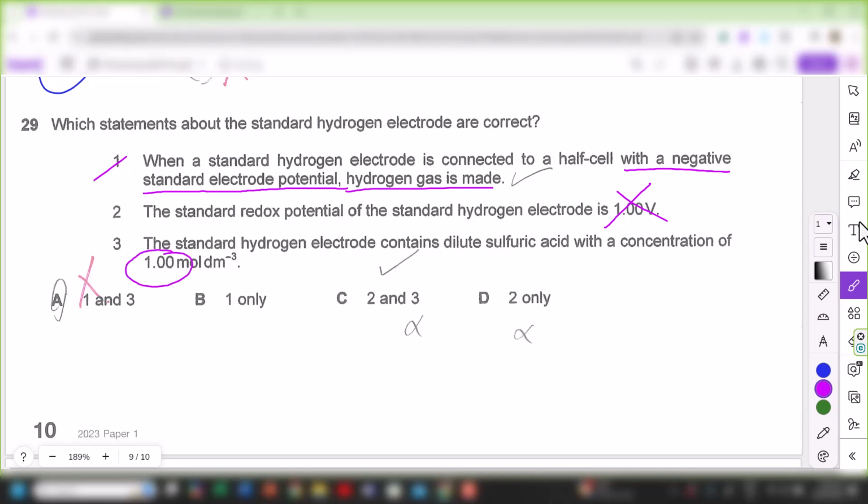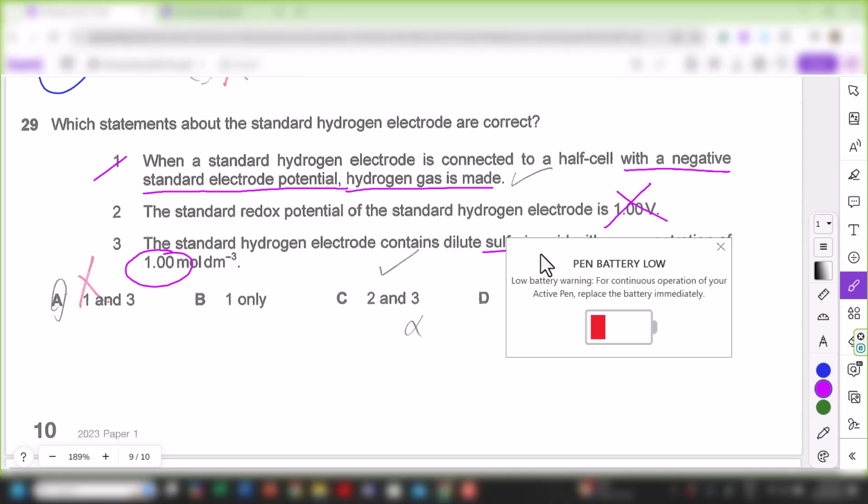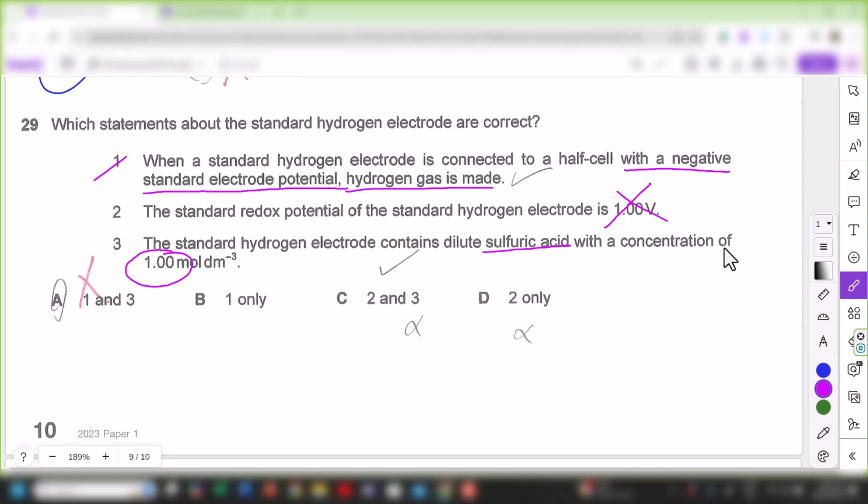This is nonsense as well, because you must be very careful: sulfuric acid, H2SO4, is a dibasic acid, so it has 2 equivalents of H plus. Altogether the concentration of H plus is 2 mole per dm cube. So you should either use 0.5 mole per dm cube, or use 1 mole per dm cube of, let's say, HCl. So again, incorrect. So the answer will be B.